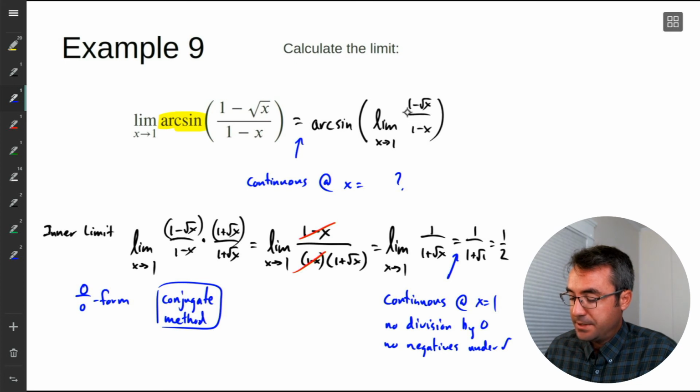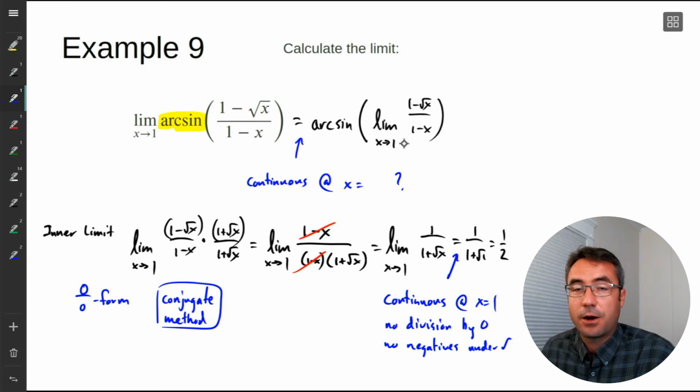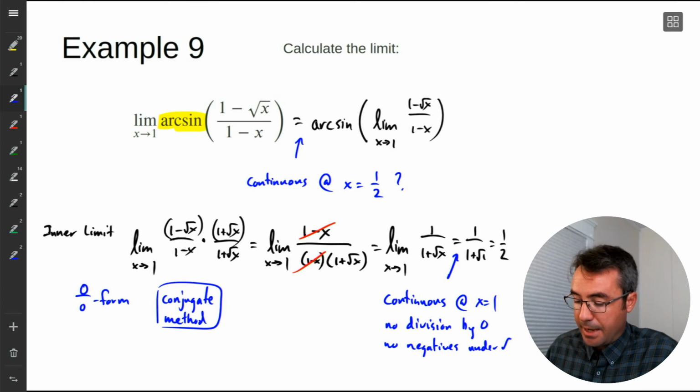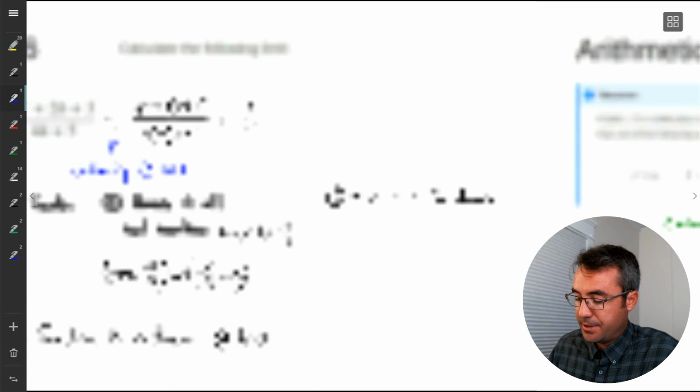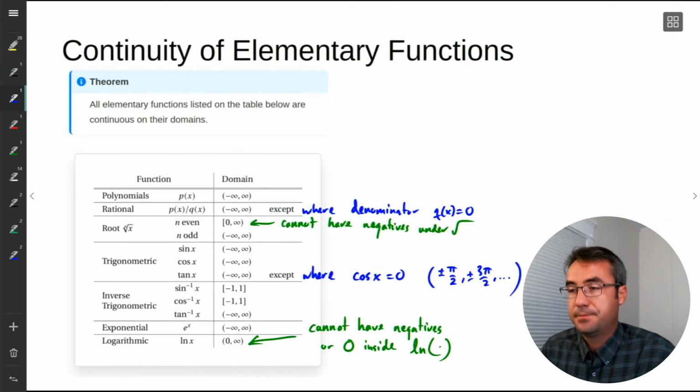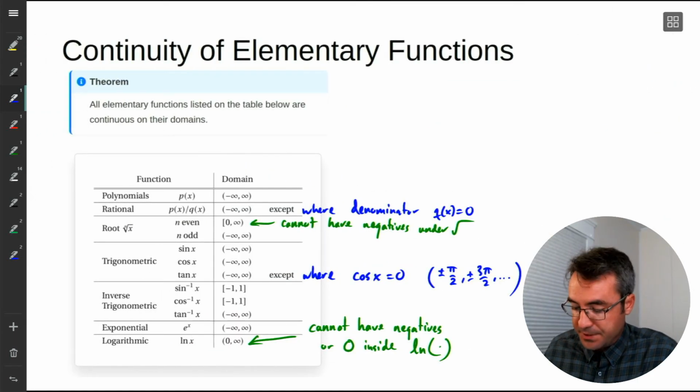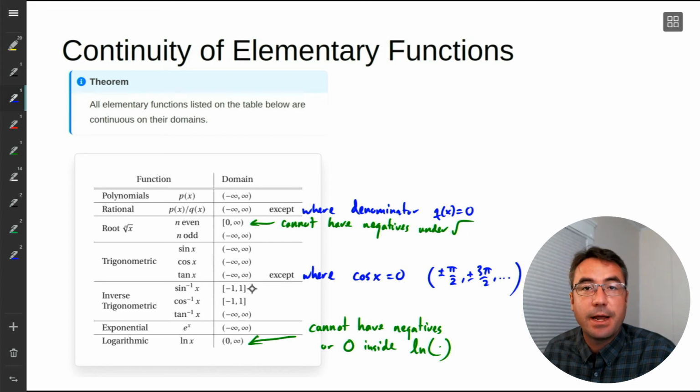And so going back to our original limit, we need to know, is arc sine, is inverse sine continuous at this x value, 1/2? Go back to our list of elementary functions. We see inverse sine right here. And yes, it's continuous at x equals 1/2.